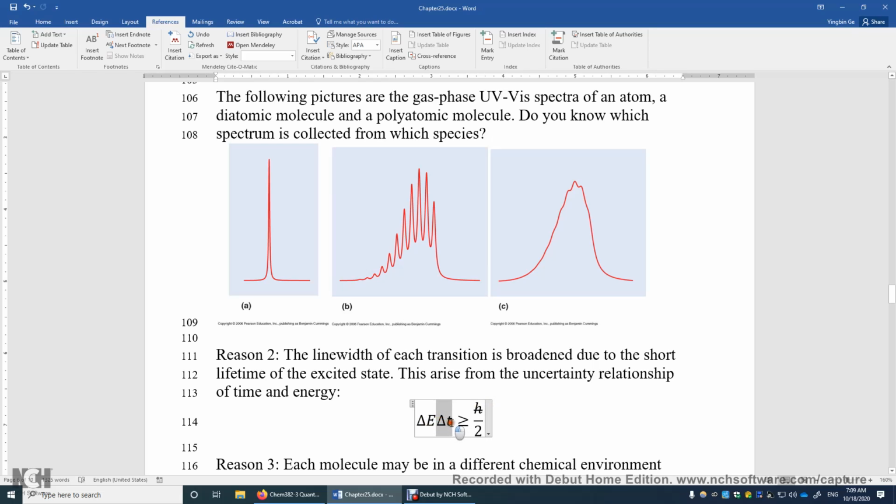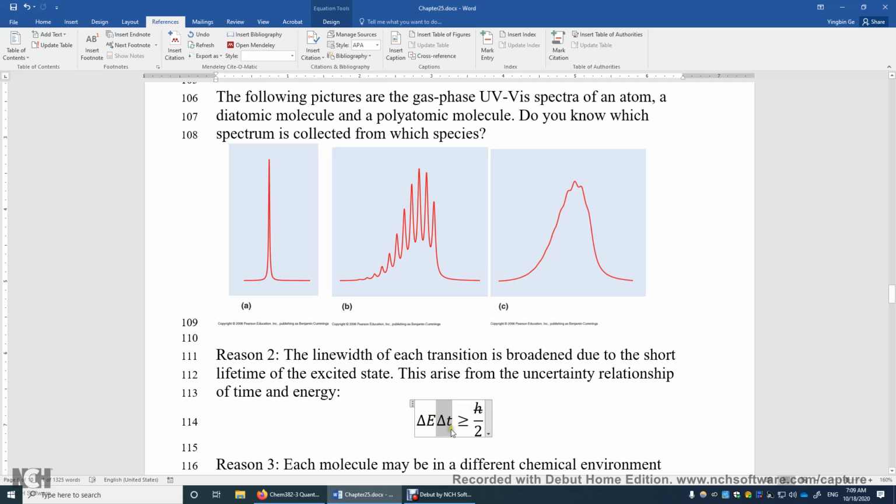If you have a very short time period, you will have a very large uncertainty of energy for this excited state. So the uncertainty of energy times the time period of the energy measurement is greater than 1/2 h bar, and h bar is the reduced Planck constant.